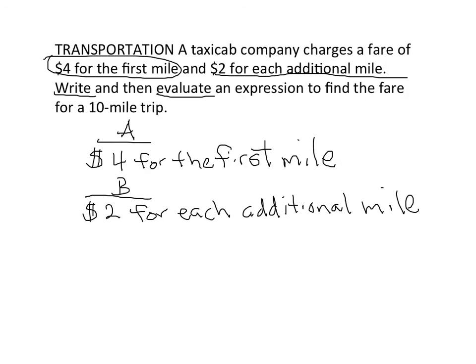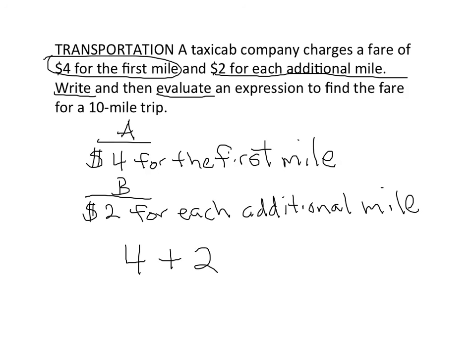With that information, it asks us to find the total cost for a 10-mile trip. So the first mile we know is $4. After the first mile, we're going to add $2 for every mile after that.